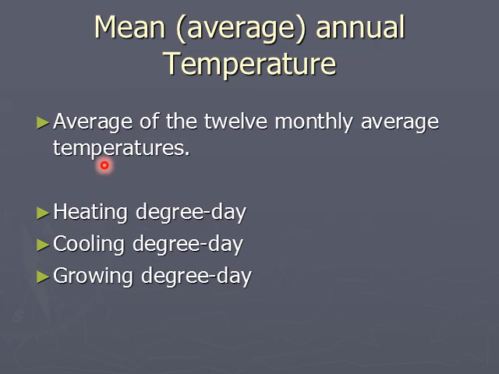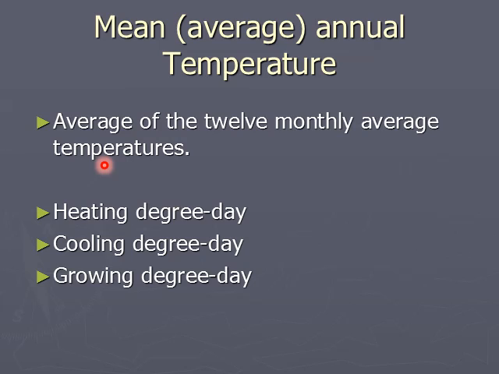So people use this information to make decisions about what is required to do specific things in society. Heating and cooling experts use information called heating degree days and cooling degree days. Basically, the cutoff is 65 degrees. If it's 1 degree above 65 degrees, that's one cooling degree day.